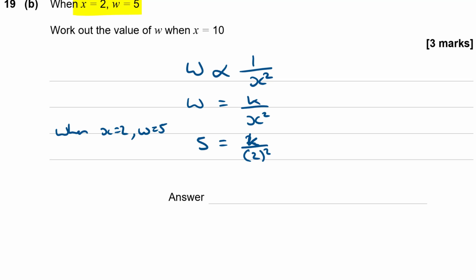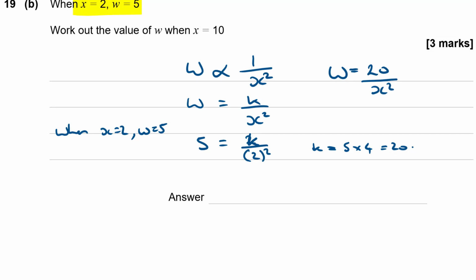Cross multiplying that, I get k equals 5 times 4, which is 20. So our final equation is w equals 20 over x squared.